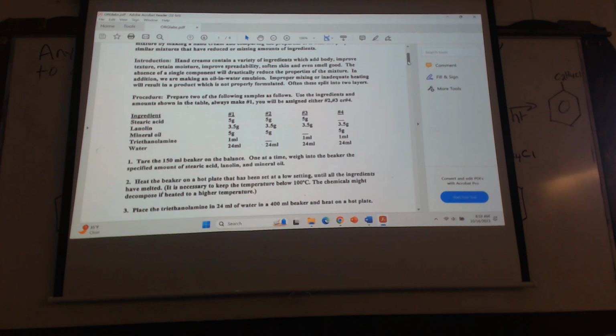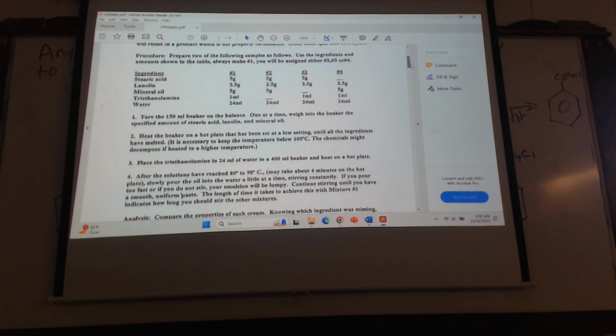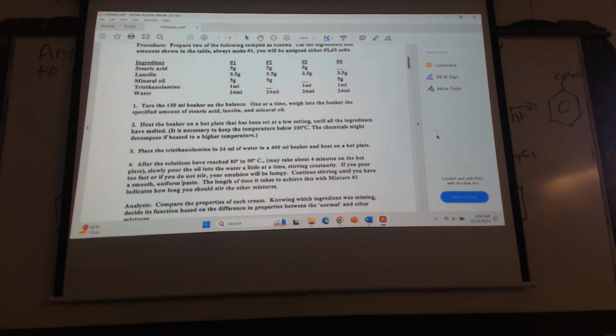Okay, so prepare 2 of the following samples as follows. We're not going to do that because each time you remove one of these, it's going to take away from your overall end product. So here are your main 5 ingredients right here, although you're going to be adding, I think, sulfuric acid to this.